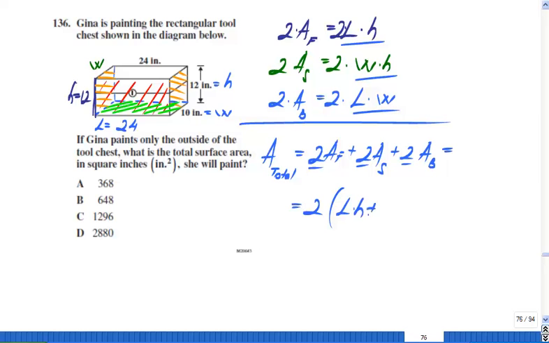It will be 2 times length times height plus width times height plus length times width. Okay.